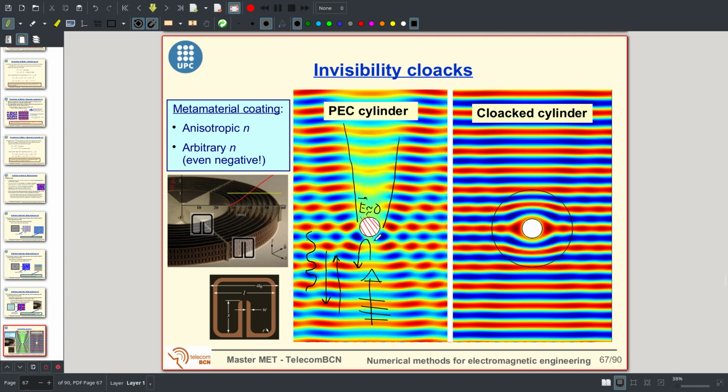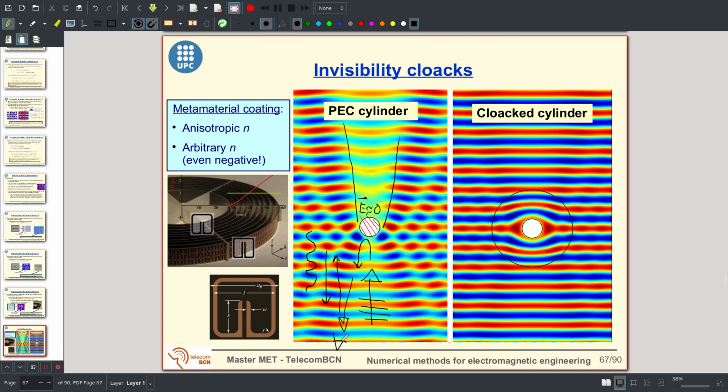This perfectly conducting cylinder reflects the incident wave, blocks the incident wave, and produces a perturbation in the electromagnetic wave. And for that reason, we are able to see the cylinder. If this electromagnetic wave is optical, we are able to see the cylinder because we see the reflected wave here.